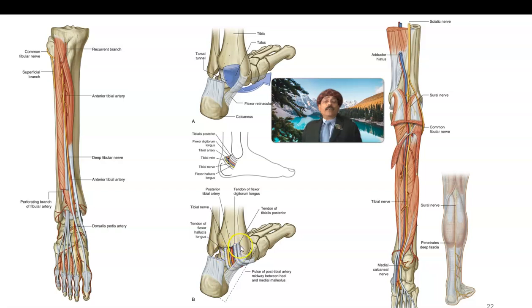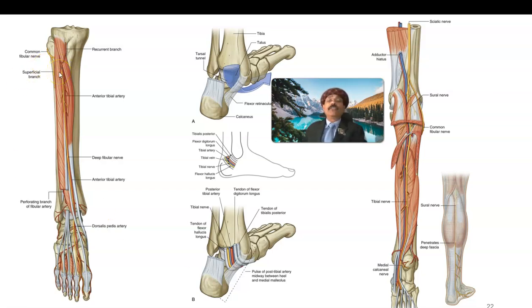This is the tendon of the tibialis posterior, then the tendon of the flexor digitorum longus, then the posterior tibial artery, posterior tibial vein, and we'll get the tibial nerve and the tendon of the flexor hallucis longus. So these are the contents going through the tunnel. We call it the tarsal tunnel. If we have a positive Tinel sign, if we tap on this area, there will be tingling and numbness in the plantar aspect of the foot.